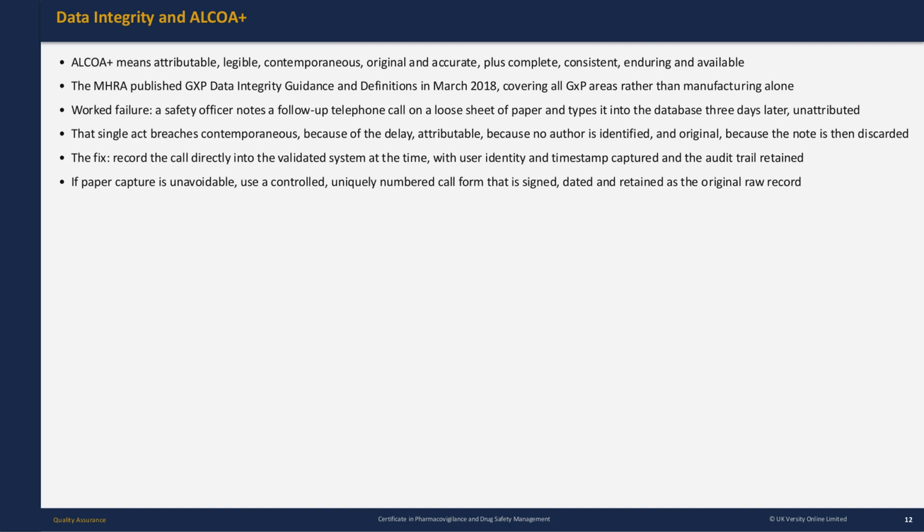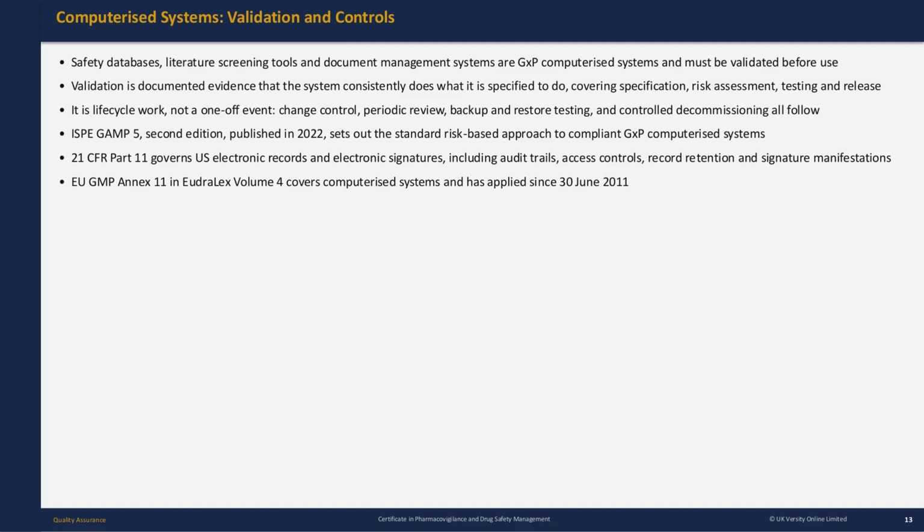Computerized systems, validation and controls. Safety databases, literature screening tools, and document management systems are GXP computerized systems and must be validated before use. Validation is documented evidence that the system consistently does what it is specified to do, covering specification, risk assessment, testing, and release.